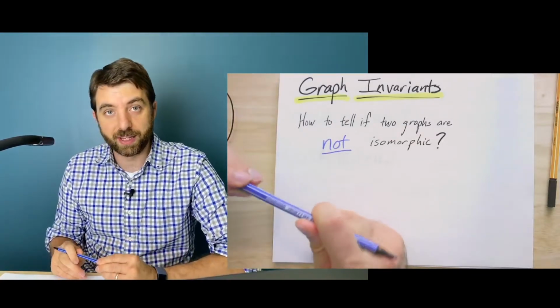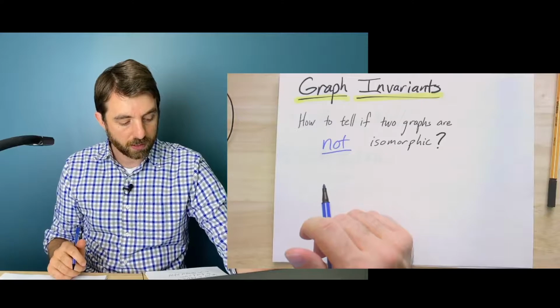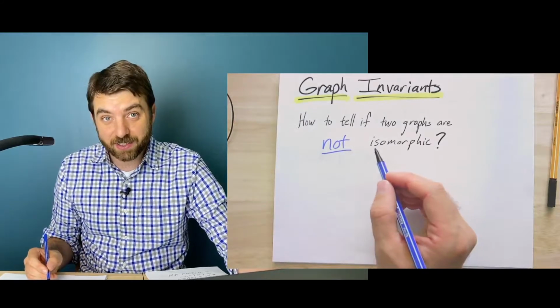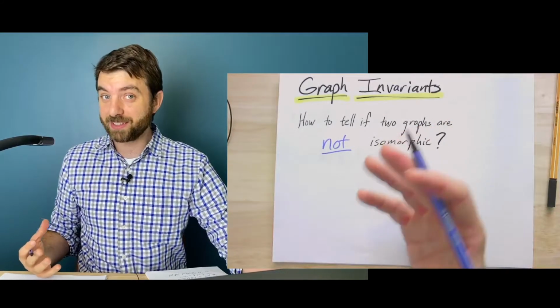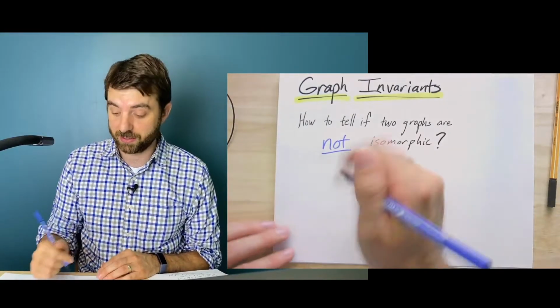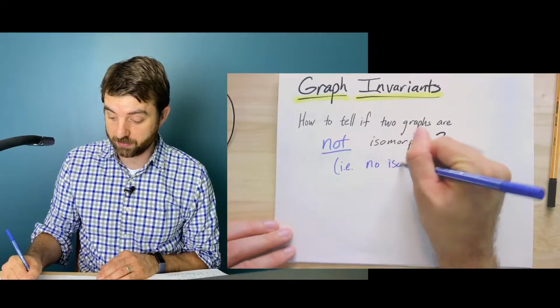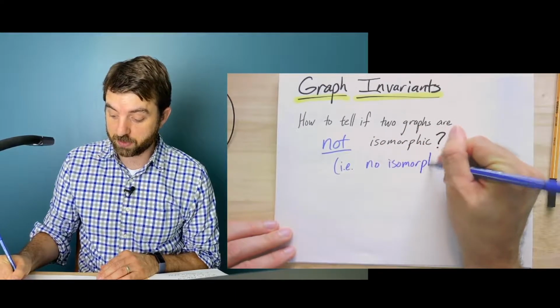Okay, so that is to be able to tell two things apart. Remember that to be isomorphic means that an isomorphism exists. So to be not isomorphic means, in other words, no isomorphism exists between the two graphs.